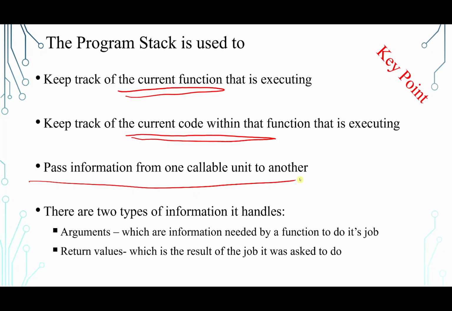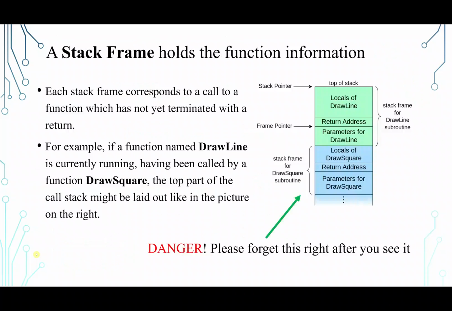There are two types of information it handles: arguments, which is basically the information the function may need to do its job, and return values, which is the result of the job it was asked to do. A stack frame holds the function information.